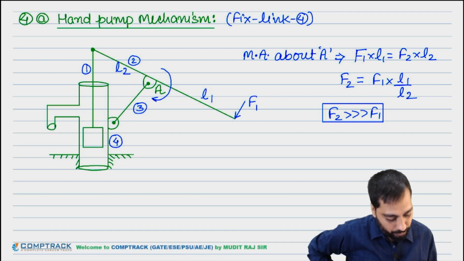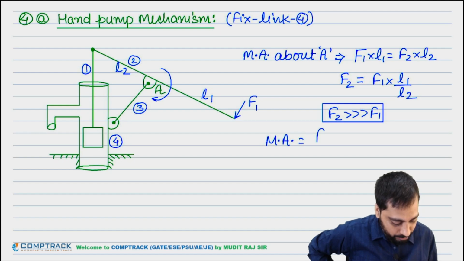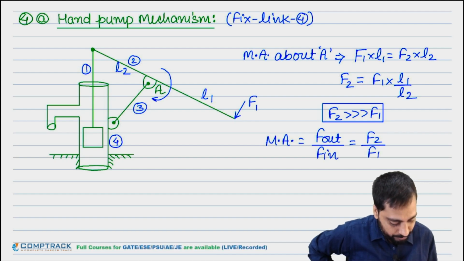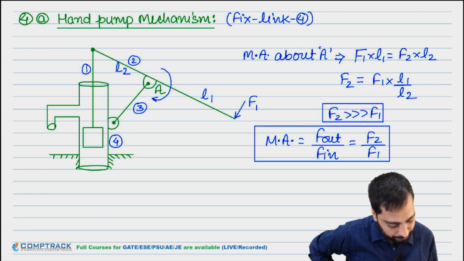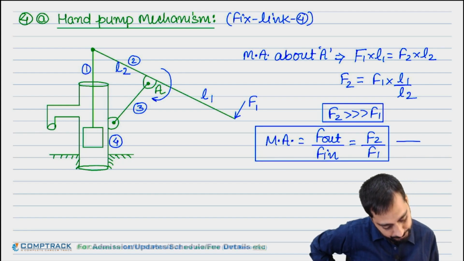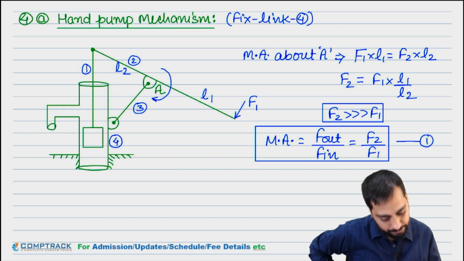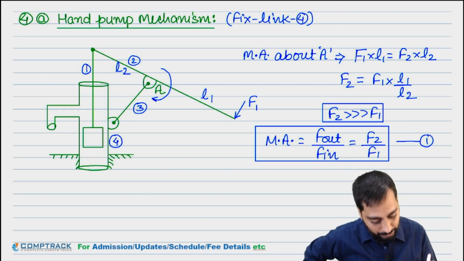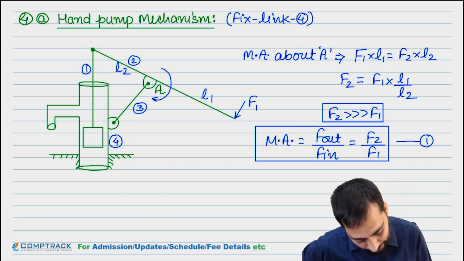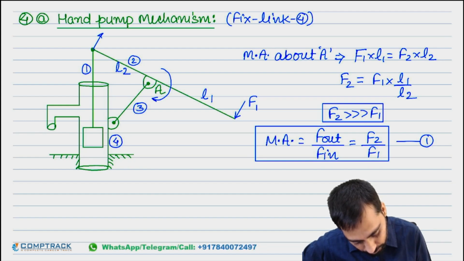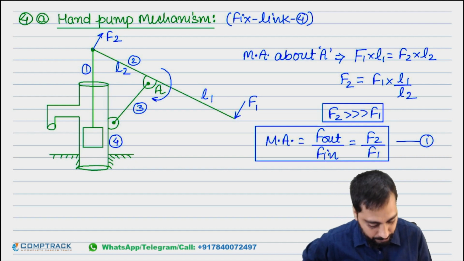So here the mechanical advantage will be what? Force output over force input. Force output is F2, force input is F1. क्लियर हुई बात? बना दो अब. तो इधर मैंने F1 लगाया, here it will be F2, perpendicular.